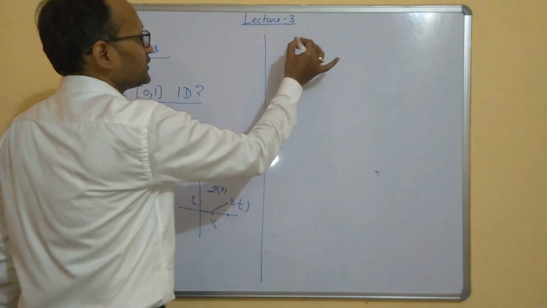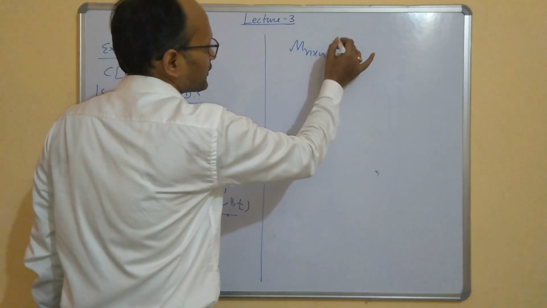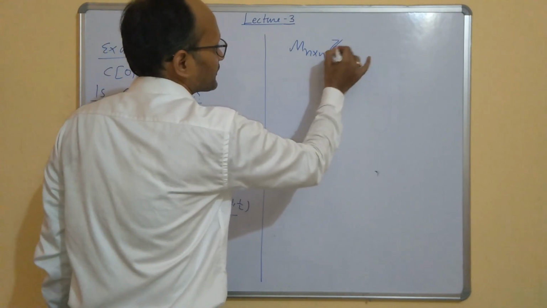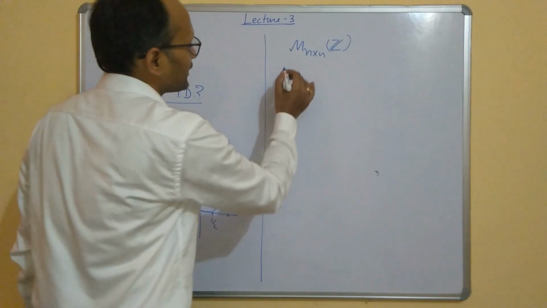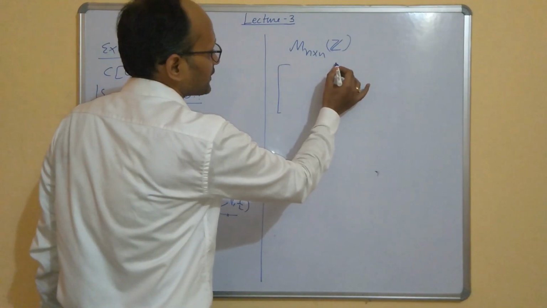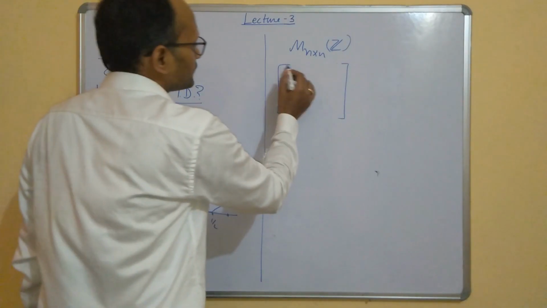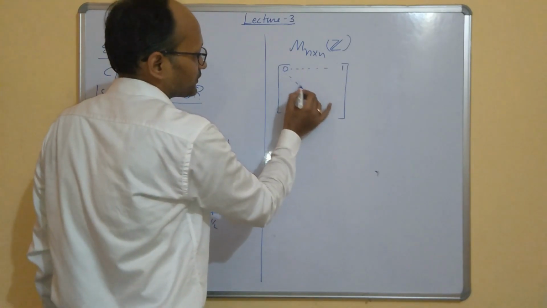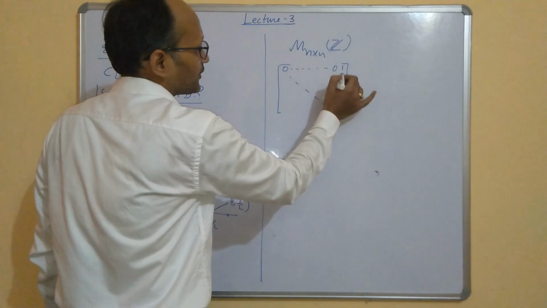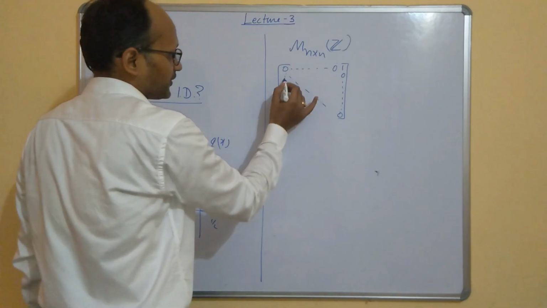What about the ring M n cross n of R or n cross n of Z? Is this ring an integral domain? Obviously the answer is no, because there are several examples in this ring. Suppose I take all the entries to be 0 except the first row last entry.